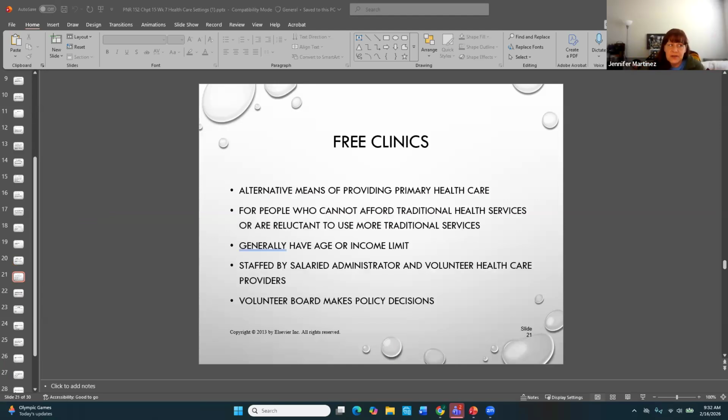Some communities will have free clinics or reduced-cost clinics as another way of providing primary health care. These generally provide for people who can't afford traditional health services. The cost is often based on income. They usually have an income limit or age limit as well.